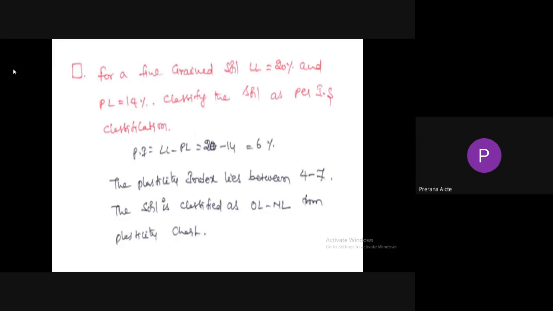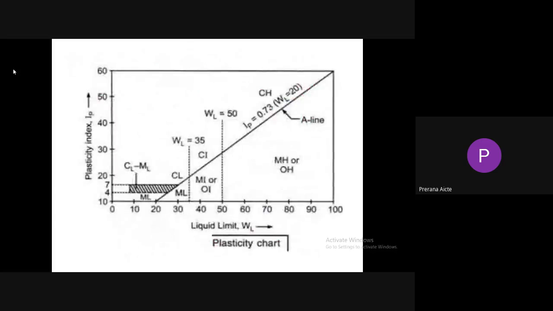So another one, for a fine grained soil, liquid limit equal to 20% and plastic limit equal to 14%. Classify the soil as per IS classification. The difference between liquid limit and plastic limit equal to 6%, so the plasticity index lies between 4 to 7. Now come to the figure.